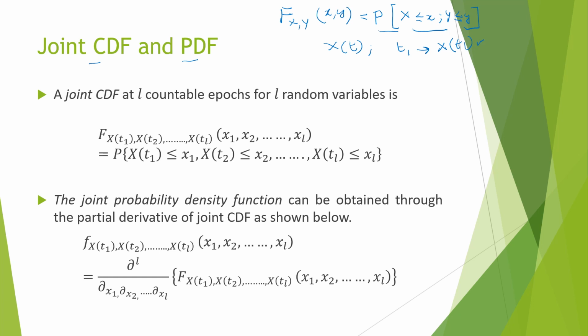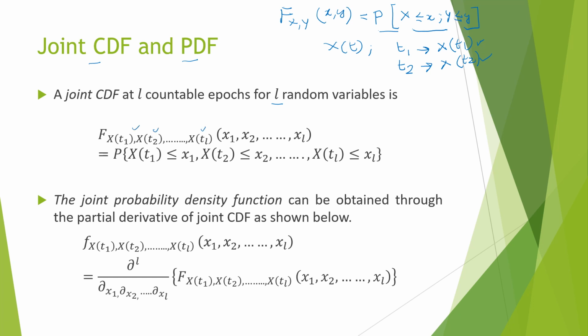At second time epoch, at t2, we have random variable X(t2) and so on. In general, suppose we have L time epochs, we have X(t1), X(t2), up to X(tL). All these are random variables.